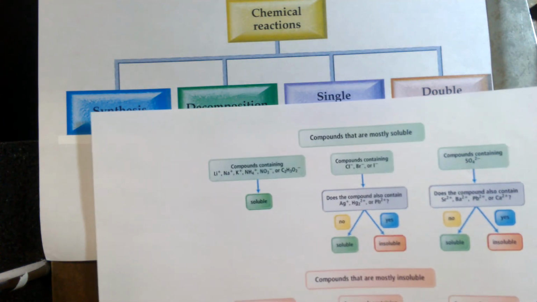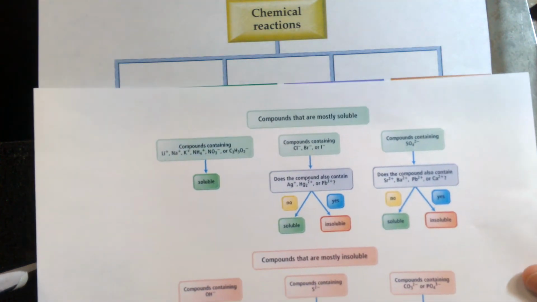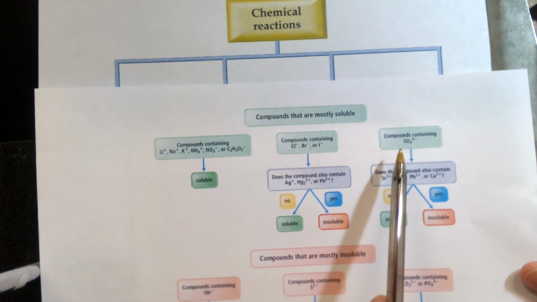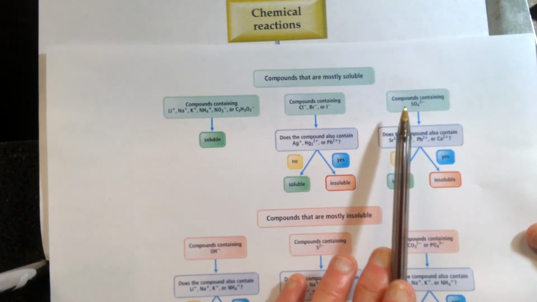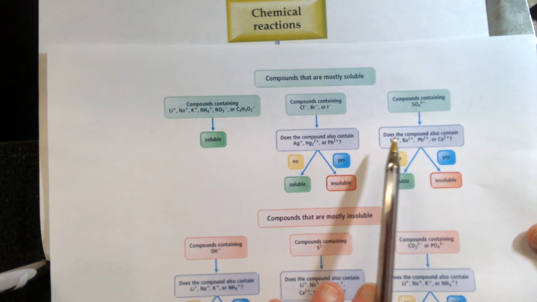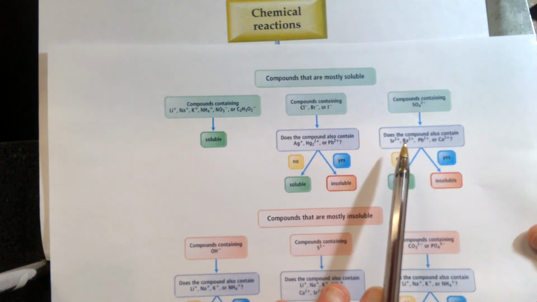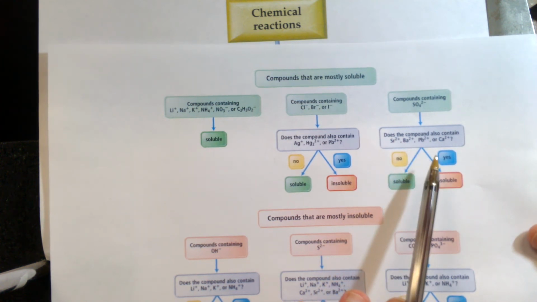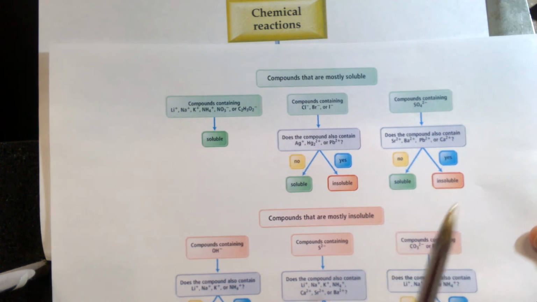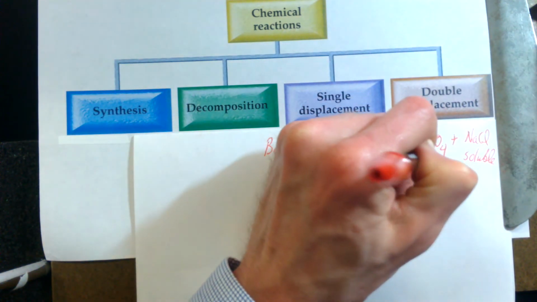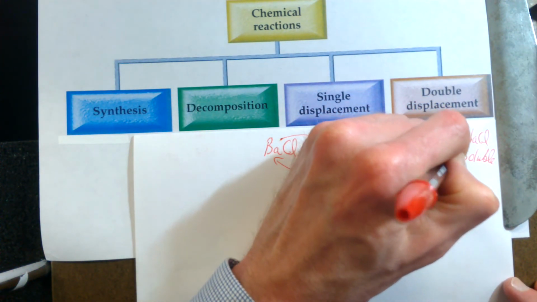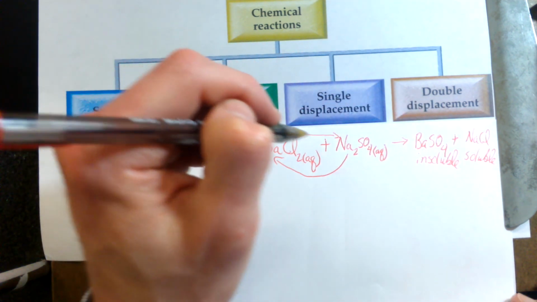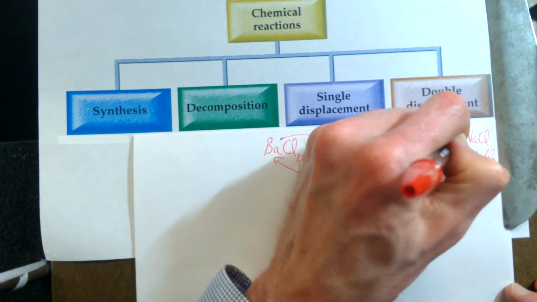Now let's check for barium sulfate. Compounds containing sulfate are mostly soluble, but our compound contains barium. Barium sulfate is insoluble. So this is a precipitate. It is a solid that would be forming.